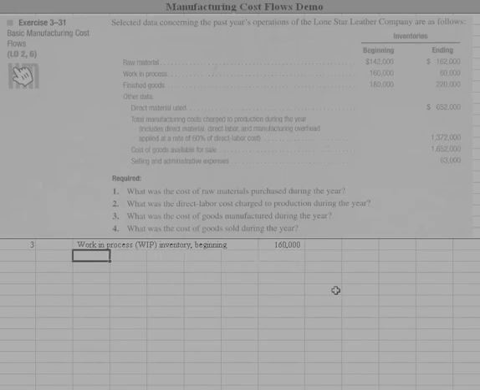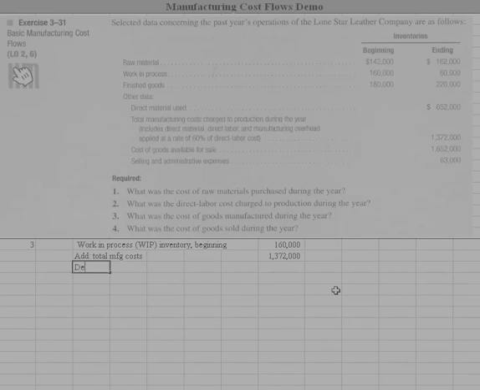Now, then we have to add in total manufacturing costs, right? And the total manufacturing costs were already given to us above, 1,372. What does that give us? Well, that gives us the total cost to account for.